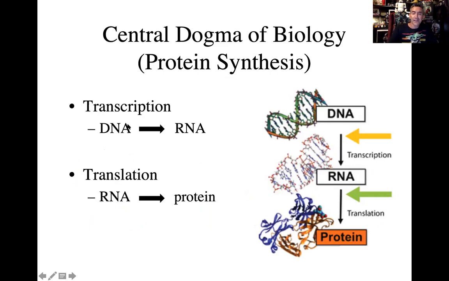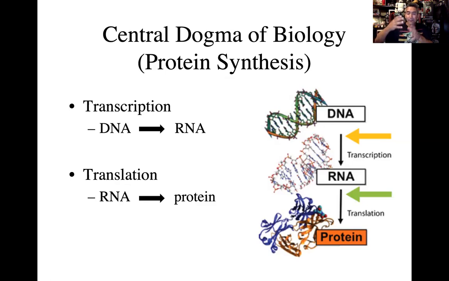So we start again at the DNA level, we convert to RNA, and this conversion from DNA to RNA we're going to call transcription. So DNA to RNA, from double strand to single strand, from deoxyribose to ribose, from thymine to uracil. This change we call transcription. RNA then enables the formation of a protein.